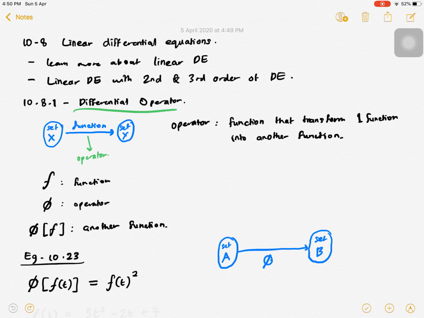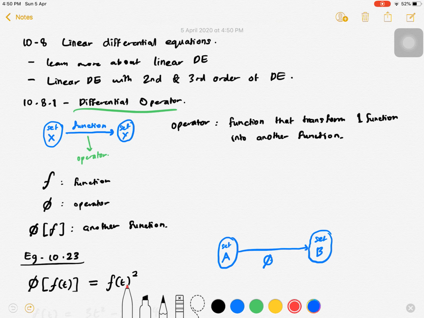If we go to section 2.2, you will learn about how a function works. If you go to that section, you will learn something drawn like this.